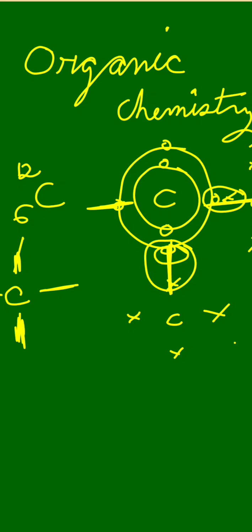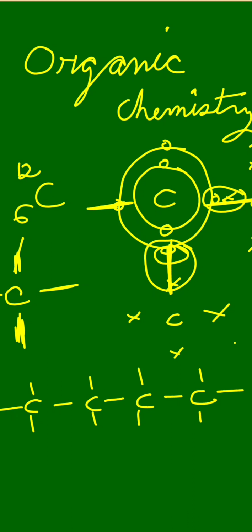Now, there is a unique nature of carbon: one carbon can link with another carbon, which can link with another carbon, and so on, and there will be other bonds with other carbons this way also. It can form a straight chain, or it can form a branch in this way, or it can form a ring in this manner.